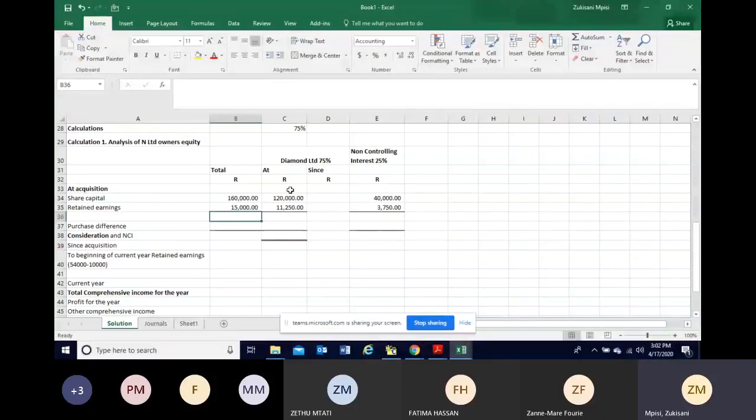And then we do the totals: share capital and retained earnings, 175,000. Your Diamond Ltd's share at acquisition was 131,250. Non-controlling interest was 43,750. And then we move on.